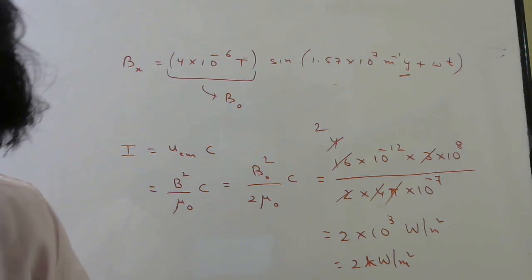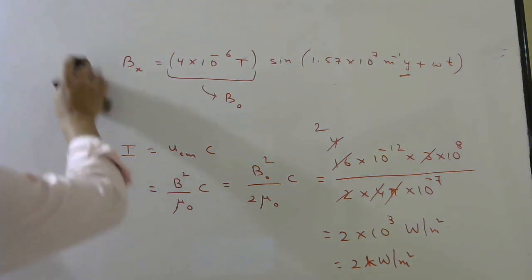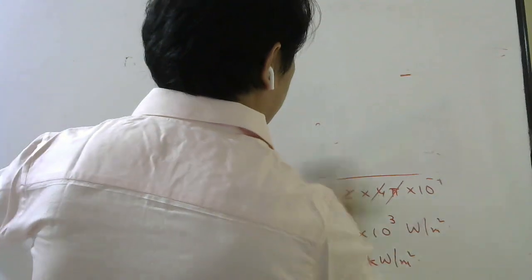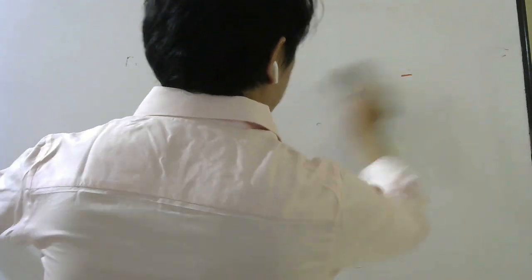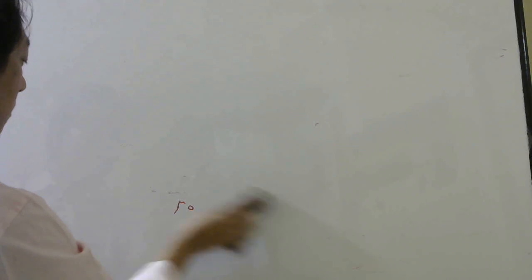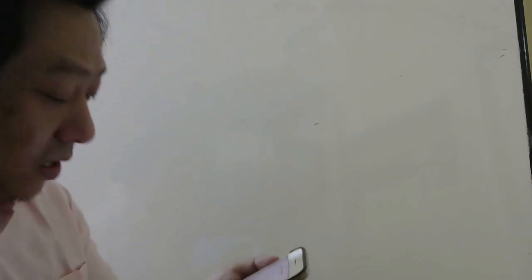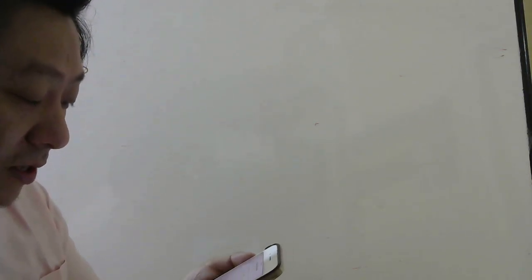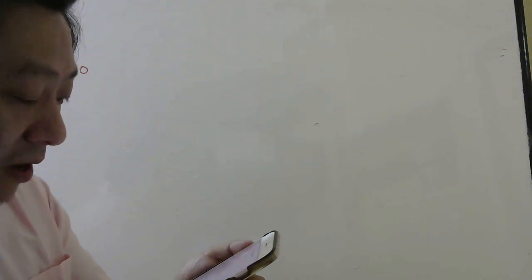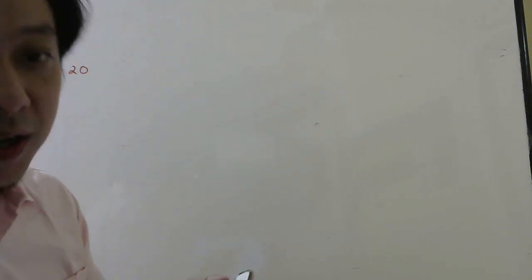Question number 20, you see now. Which of the following vectors has magnitude same as the average intensity in EM waves? Average intensity is what we are writing, and the direction is along the direction of propagation.